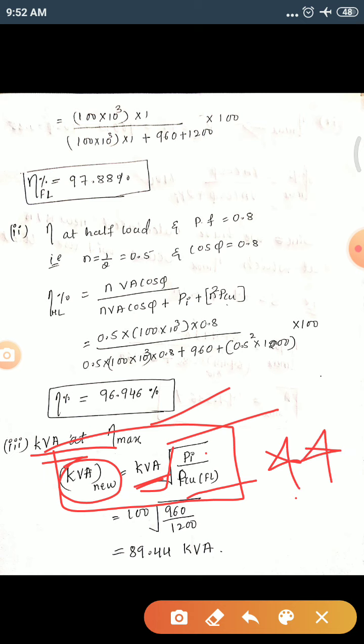The old kVA is 100. Anyhow, kVA is expressed in terms of kVA, so here I am not going to take 100 into 10 to the power of 3, as the 10 to the power of 3 represents the k. So 100 into the square root of 960 divided by 1200. It comes to 89.44 in terms of kVA.